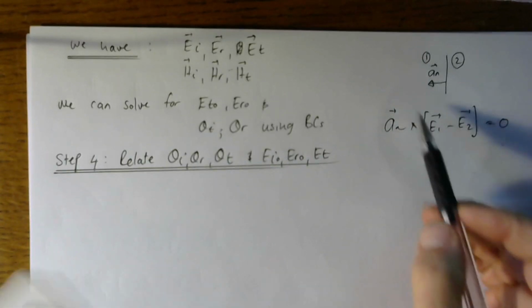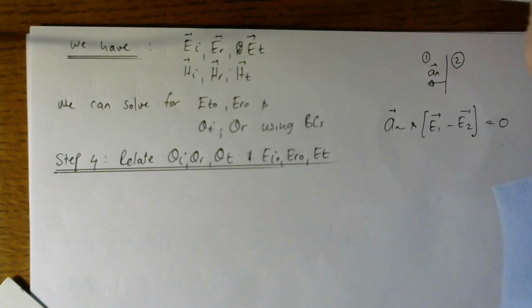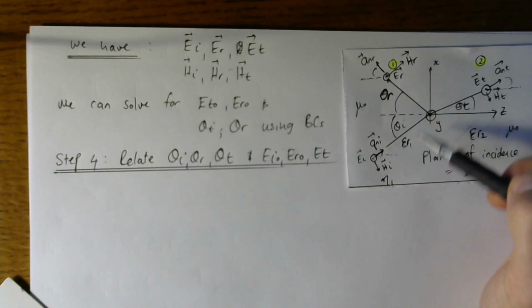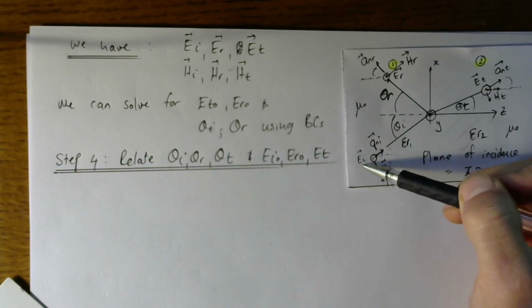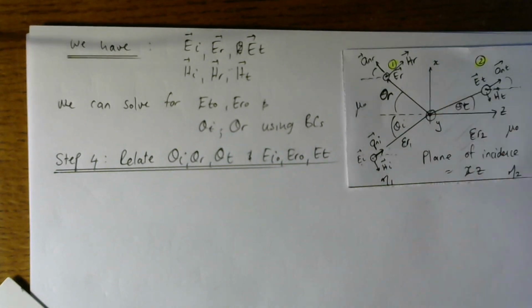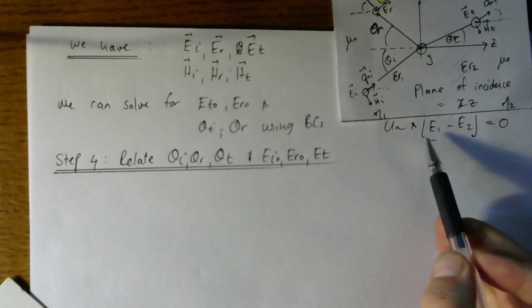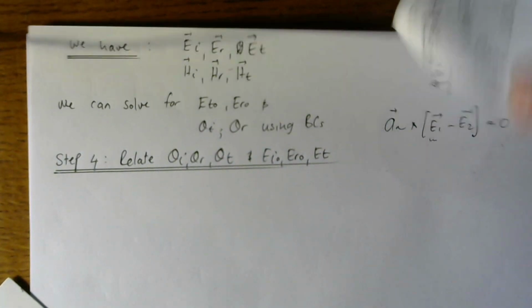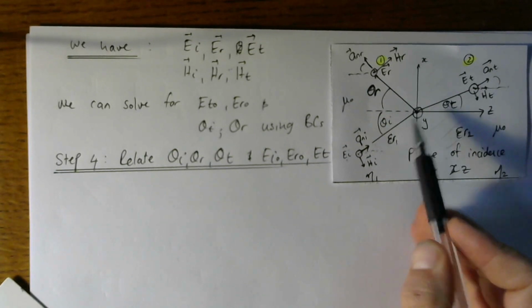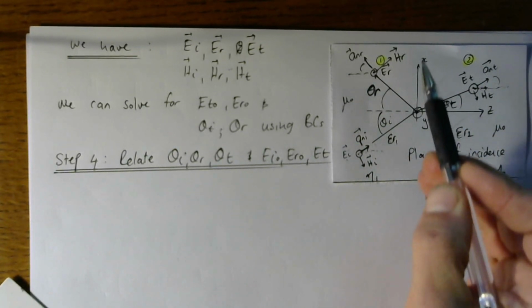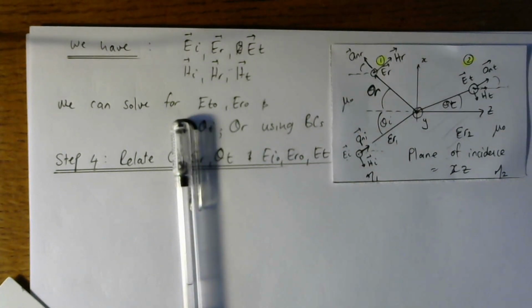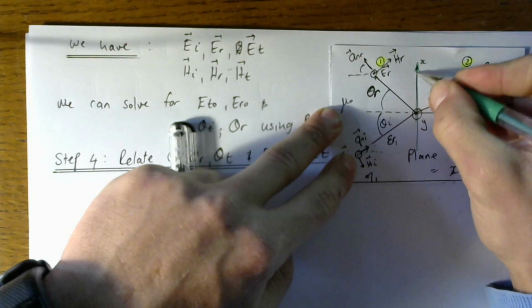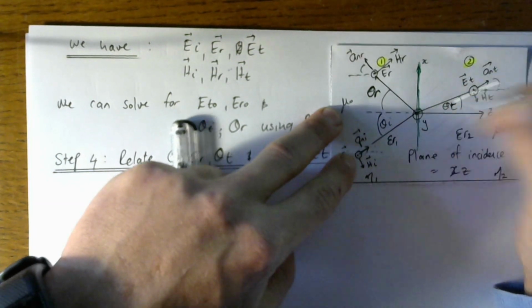Now, let's find E1. E1 is the total field in region 1, which is the sum of E_I and E_R. My vector a_N points from region 2 to region 1. In the context of my problem, my interface is at the point at which z is equal to 0. Let's make it a little bit more clear, and use some color here to denote that. So this is my interface, okay?